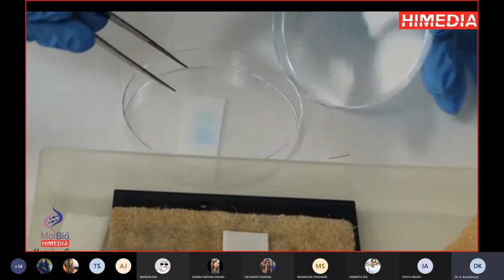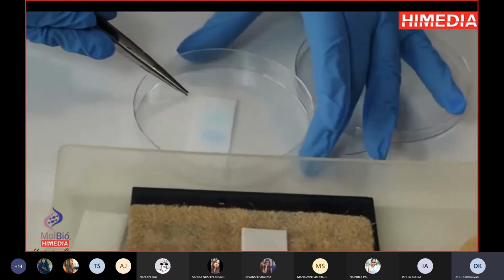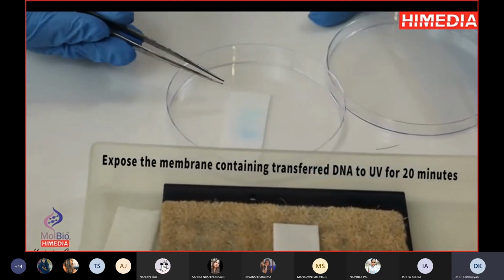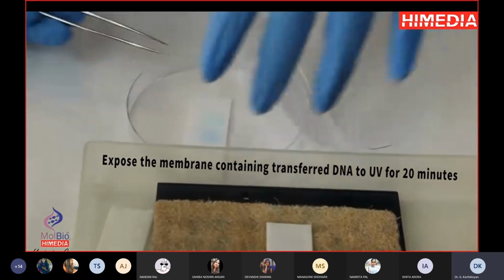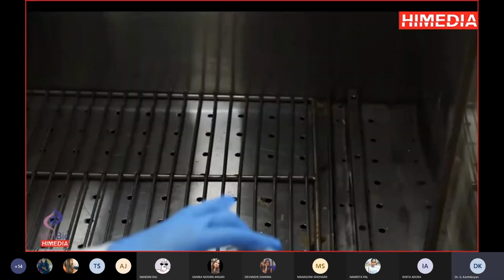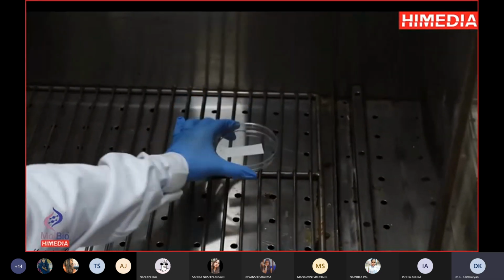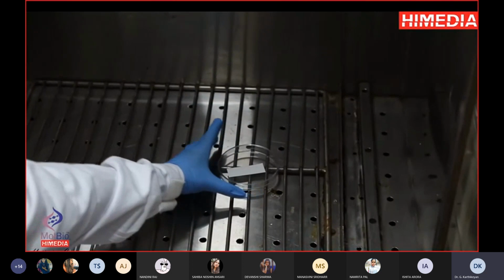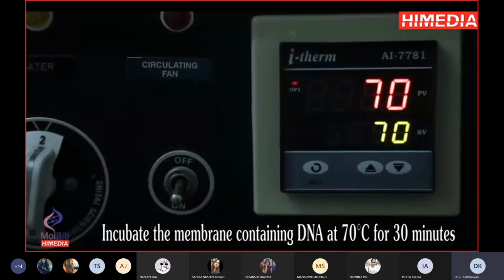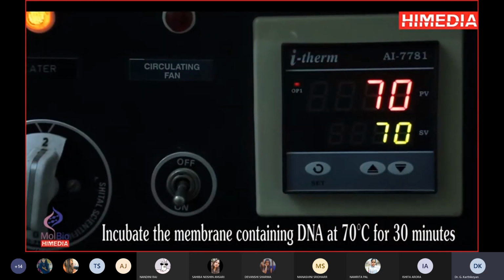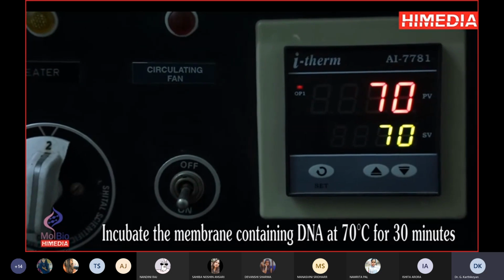You can see the DNA loading dye on the nylon membrane. Expose the membrane containing transferred DNA to UV for 20 minutes. Incubate the membrane containing DNA at 70 degrees Celsius for 30 minutes.